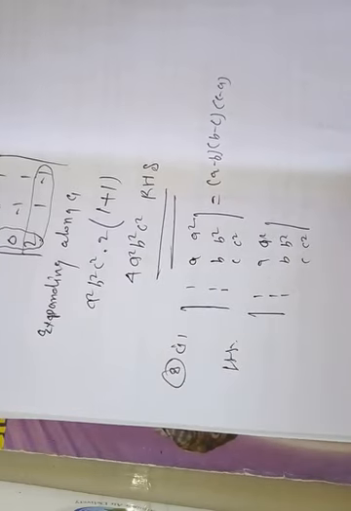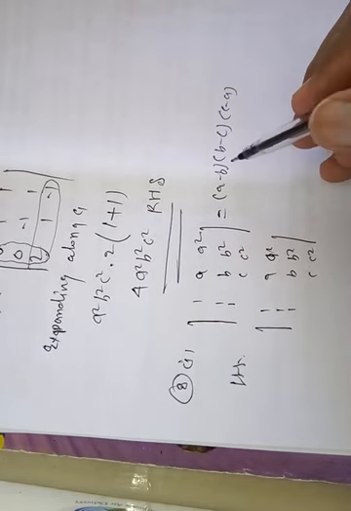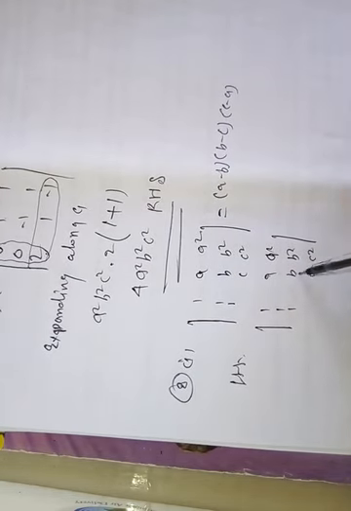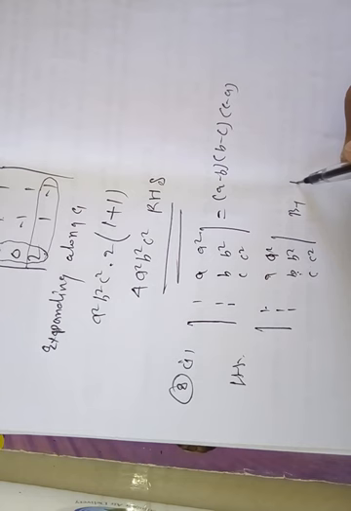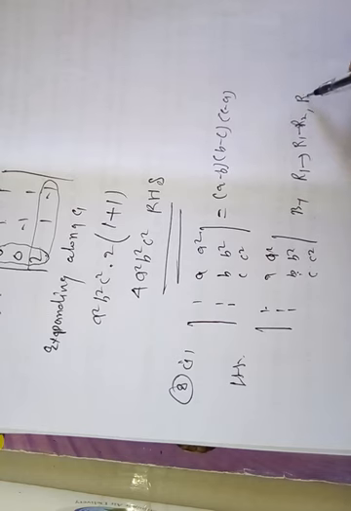Find a minus b. So use r1 tends to r1 minus r2 and r2 tends to r2 minus r3. Use this formula.